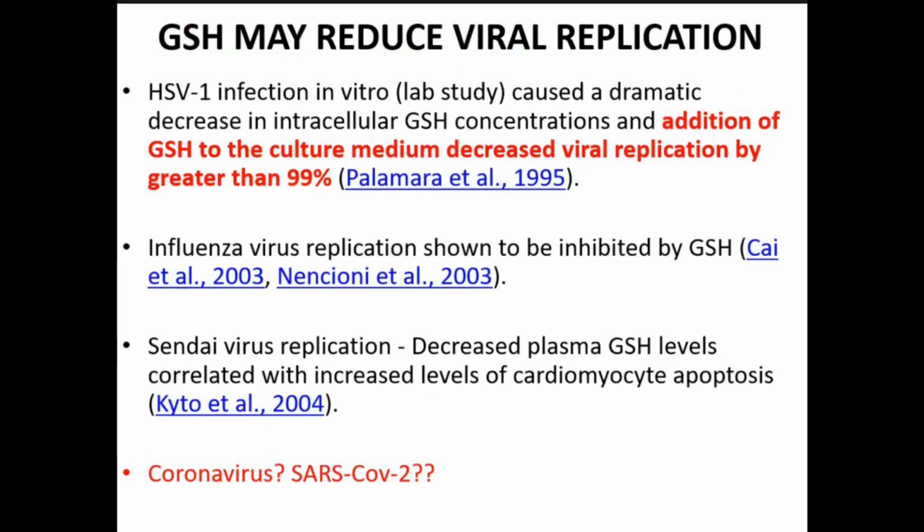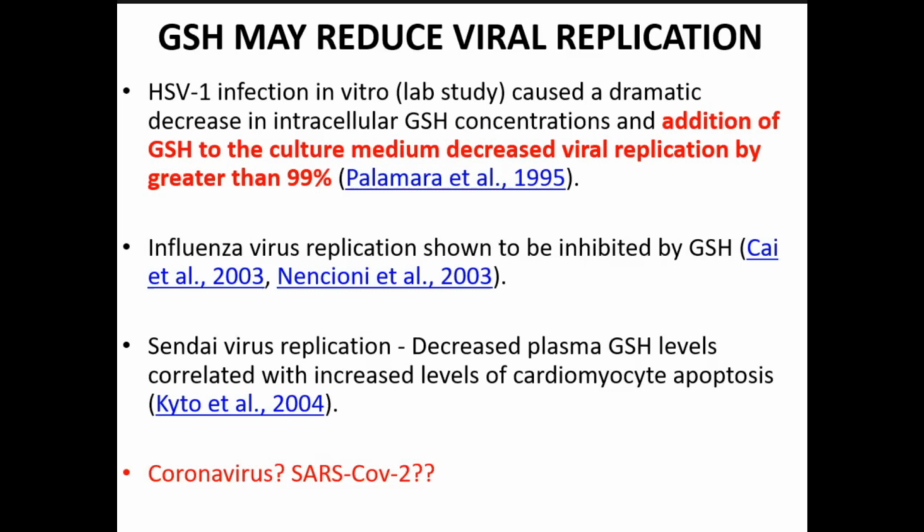It is also known that glutathione may reduce viral infections, and this is known for now coming close to 30 years. For example, in herpes simplex virus 1 infection, if you have the infection, then there's a drastic reduction in your glutathione levels because glutathione is used up in trying to fight the virus.